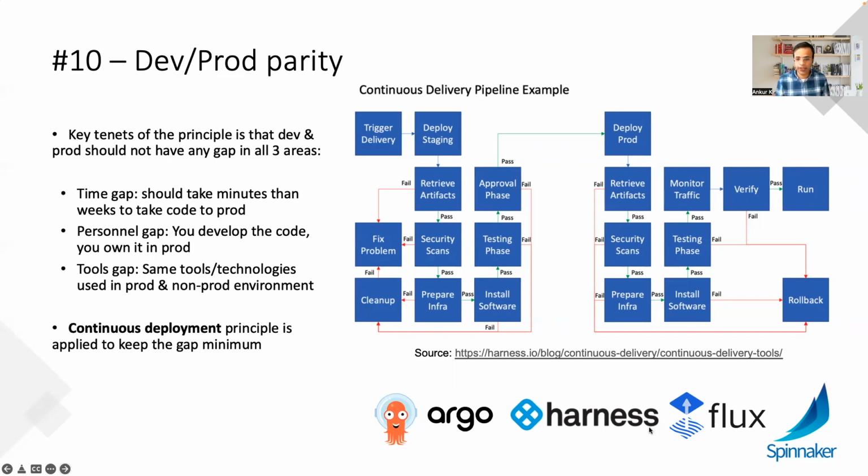Although tools are there, you can use Argo CD, Harness, Flux, and these are just some examples. The intention is not to showcase all the tools, but the essence is that as a process, you need to ensure that the continuous delivery pipeline, the example which you are looking at here, is followed, right? That when you trigger the delivery, it goes through a particular check.